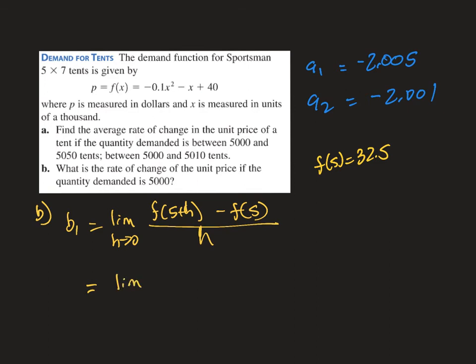So it's going to be the limit as h approaches 0 of negative 0.1 times the quantity 5 plus h squared, minus 5 plus h, plus 40, minus 32.5.